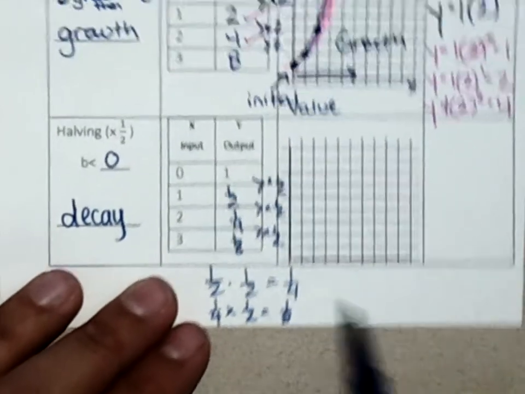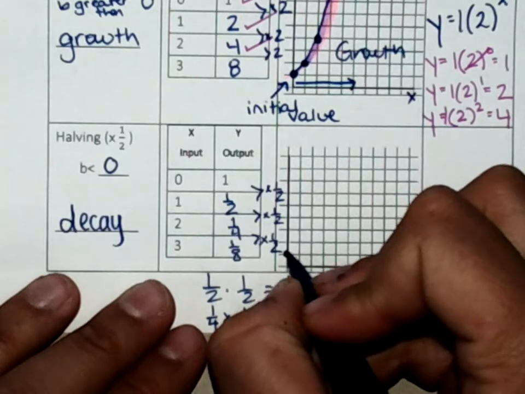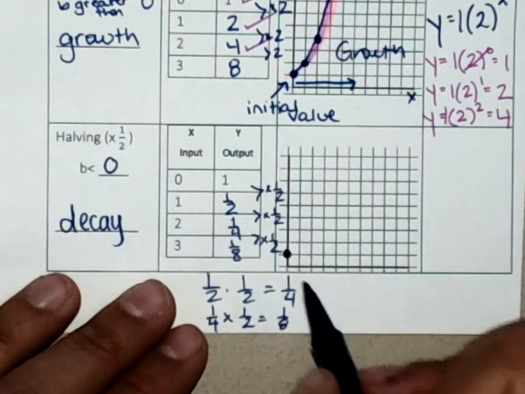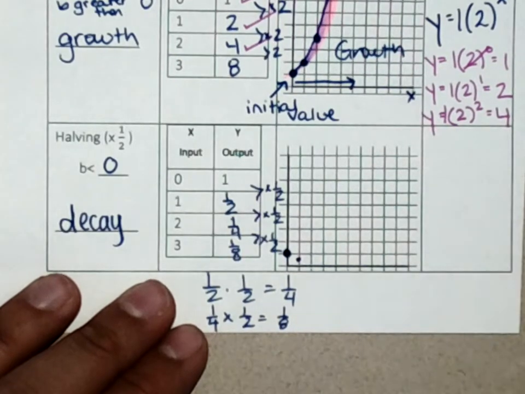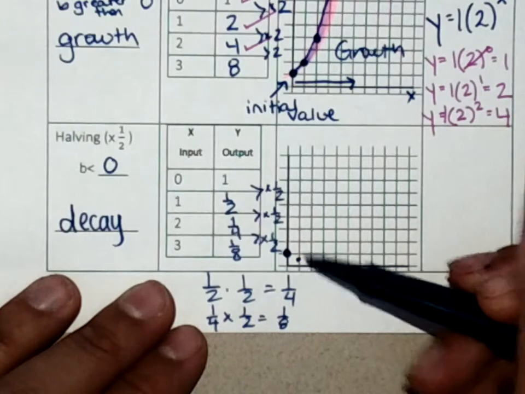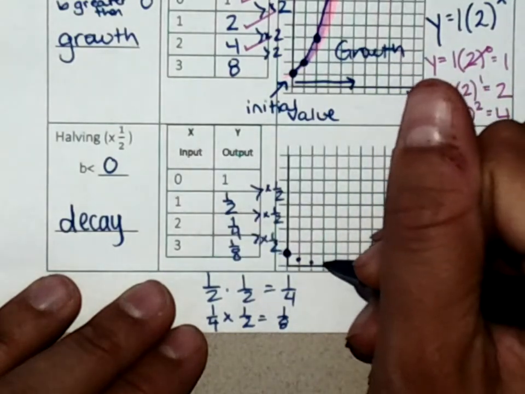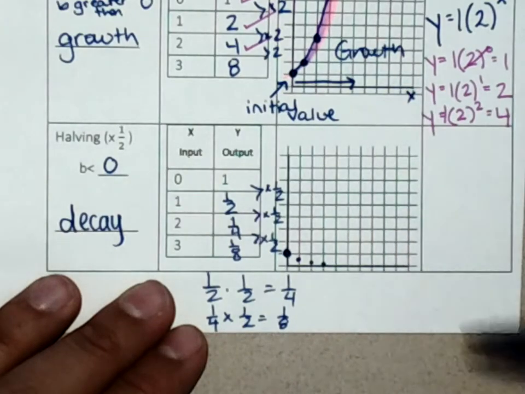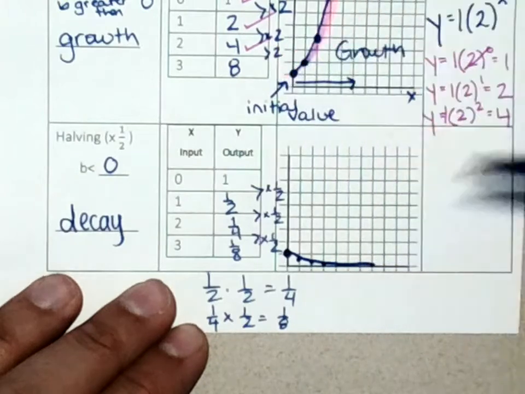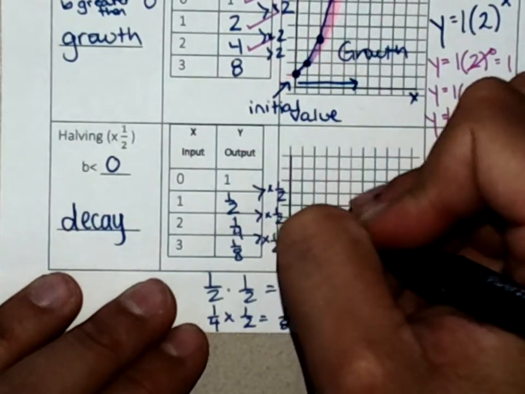So that means if we were to graph this, our initial value again is 1, but our graph is going down. 1 is going to be 1/2, so I'll put a point that's halfway between 0 and 1. When I go over to 2, 2 is 1/4, so I'll put that point a little bit lower, and 3 is 1/8. So you'll notice that our graph is decreasing because it is decaying.